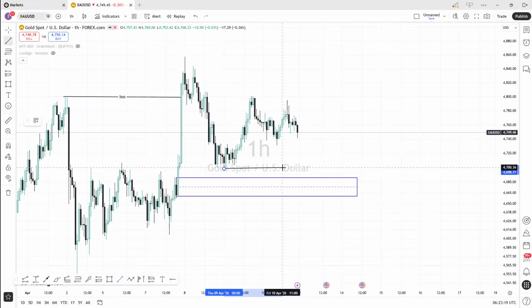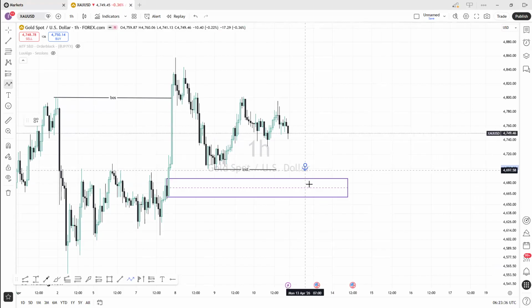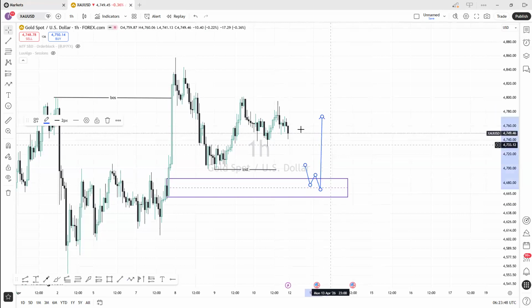So this is just inducement, and then price will drop later to sweep that inducement. After that liquidity sweep, wait for confirmation around that area, and then we enter a long position. We enter a buy from that area.